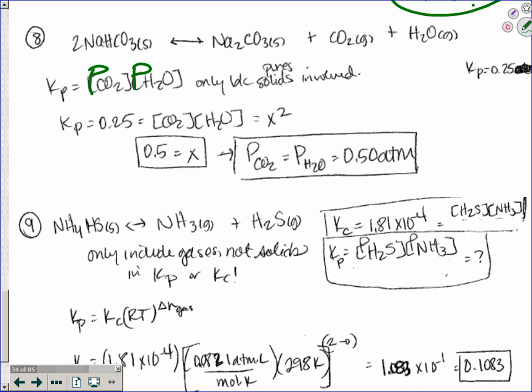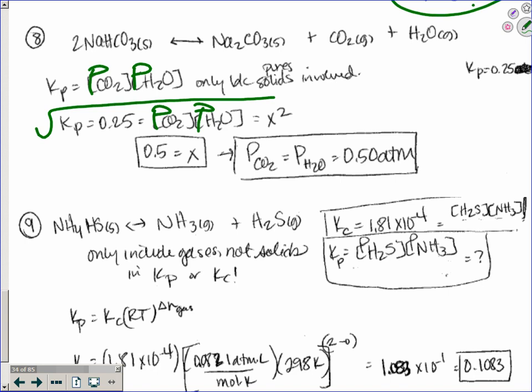So given that Kp is 0.25, the partial pressures of the 2 products there that are gaseous are in a 1-to-1 ratio. So if you plug in x and x there, you get x times x, which is x squared. So then just to solve for x, you're going to do what? Square root, right? The whole thing. And then you get x is equal to 0.5.